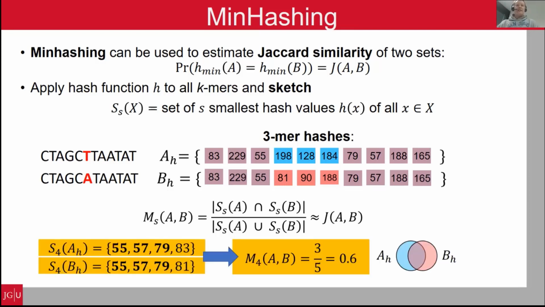In this case, for example, to 4, so we just use the 4 smallest values of the set to compute the similarity. In this case, you get then 0.6 as the similarity, which is quite close to the full similarity, which is, I think, 0.57. So MinHashing can also be shown to be a good approximation of sets.